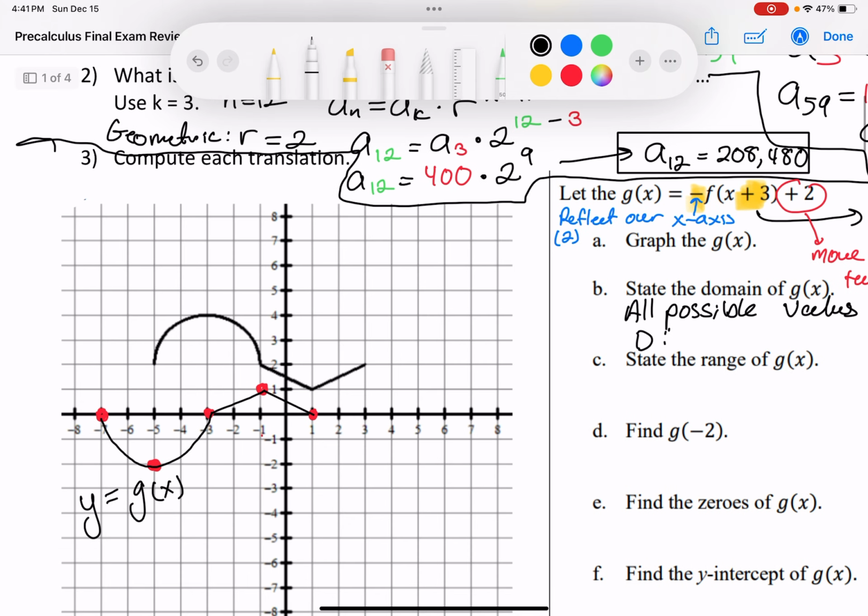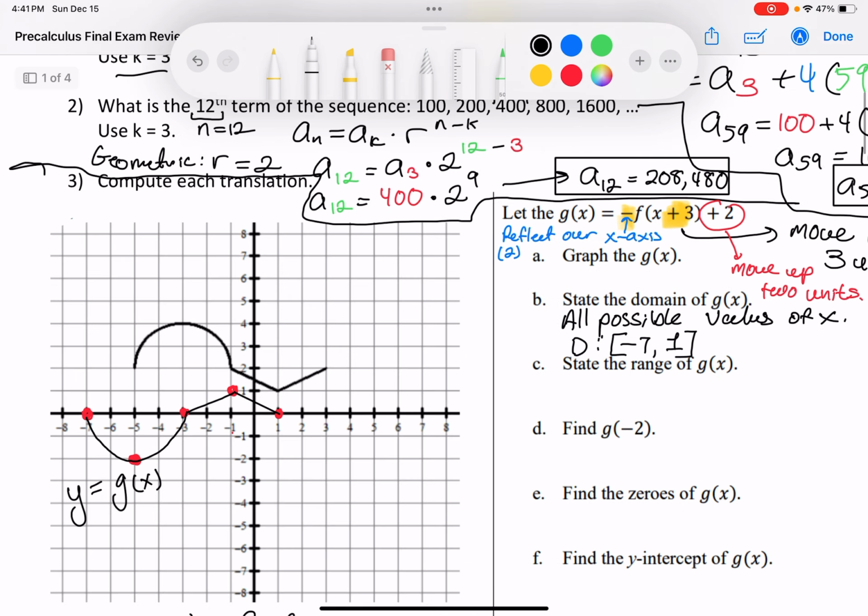So our domain goes from the smallest x value to the largest x value. The smallest x value is -7. And the largest x value is +1. And because they both have no open circles, they both get brackets. Parentheses only come from values that are excluded or from open circles.